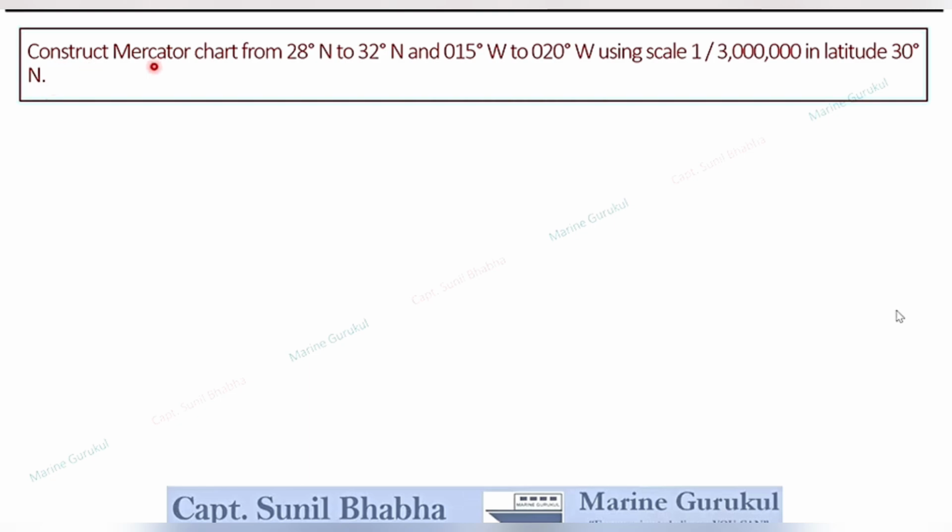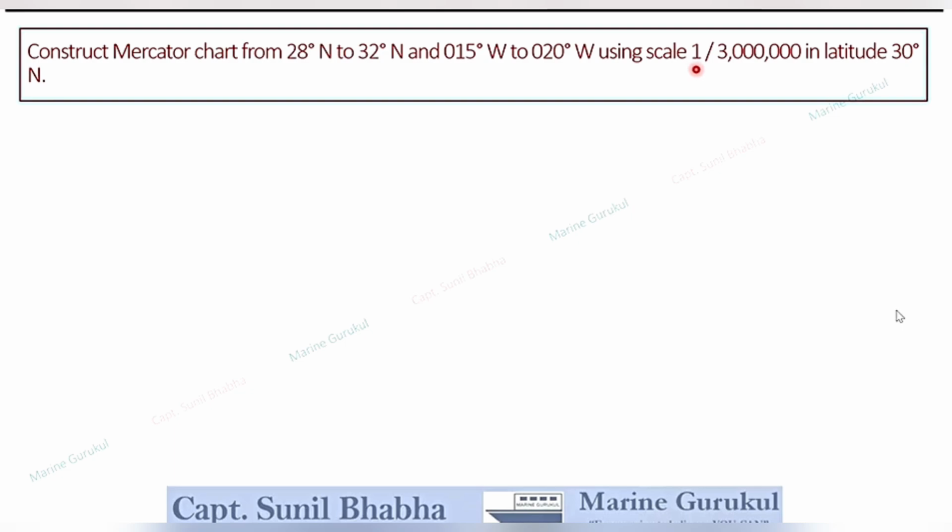So we are required to construct a Mercator chart. The coordinates of the area are given to us, latitudes from 28 to 32 degrees north. The meridians are 015 to 020 degrees west. The scale is also given. The scale is 1:3 million, 3,000,000. The scale basically means that 3 million units on the Earth's surface is equal to 1 unit on the chart.